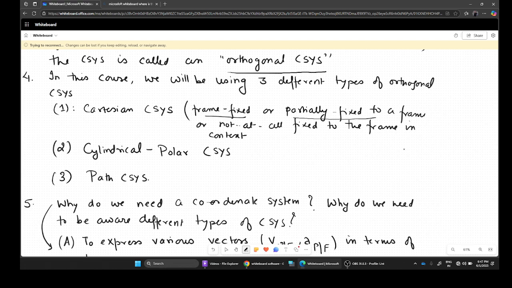However, in another problem, you may find that if you force yourself to use a Cartesian coordinate system to find a vector, say velocity or acceleration of a particle, it may require more steps compared to if you just choose the cylindrical polar coordinate system. So our choice of which coordinate system we will use is governed by which will involve a lesser number of algebraic steps.